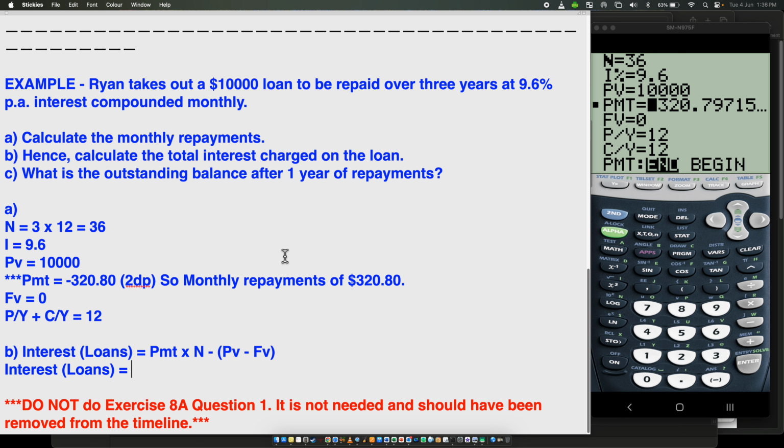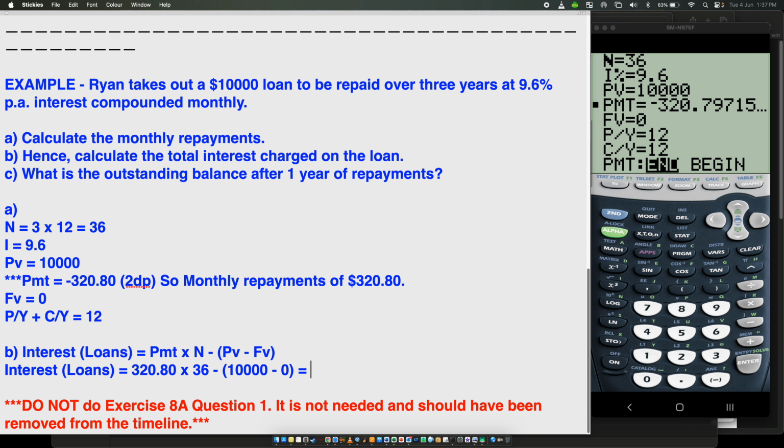All right, let's find the interest he paid on that loan. PMT, he paid $320.80. How many times did he pay $320.80 over the course of this loan? 36 times. Take away, that PV take FV represents the debt paid off. PV was 10 grand. What was FV by the end of the loan? 0.